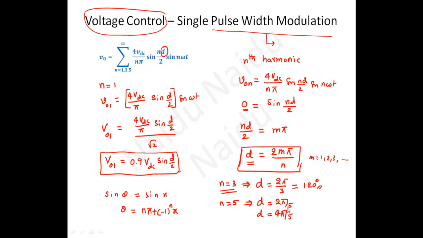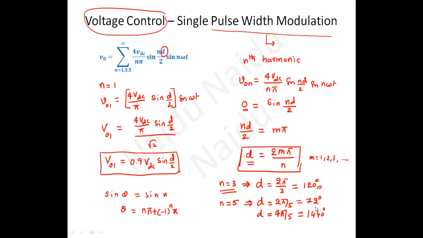So to eliminate the fifth harmonic we have two options. 2 pi by 5 is 72 degrees, and 4 pi by 5 is 144 degrees.